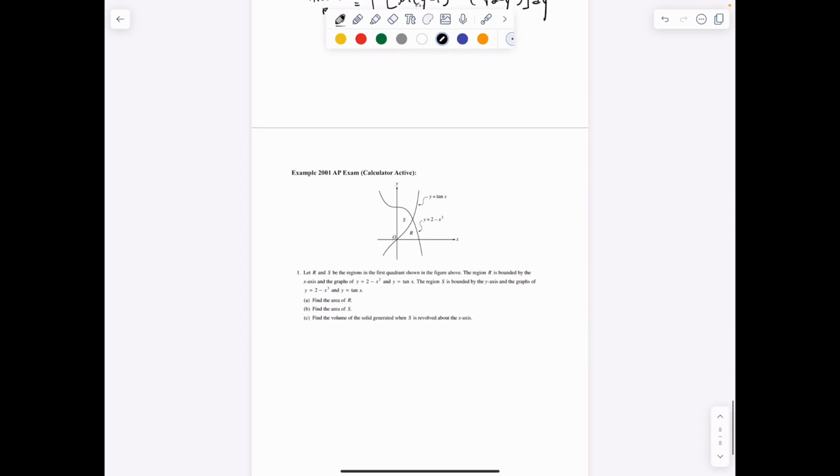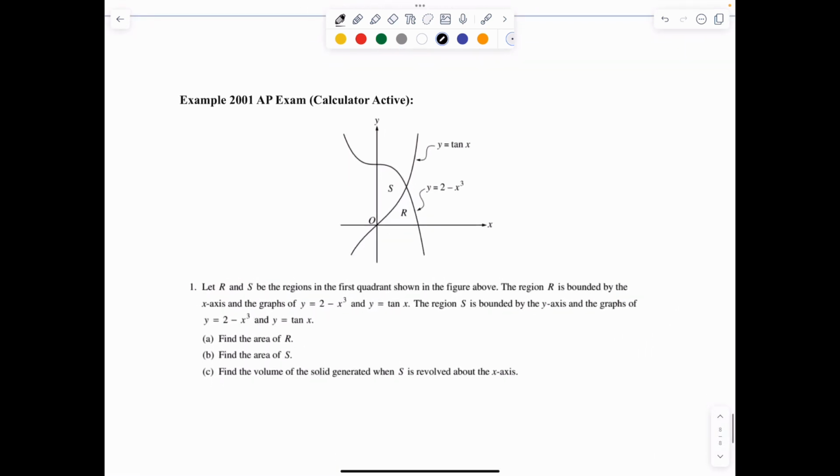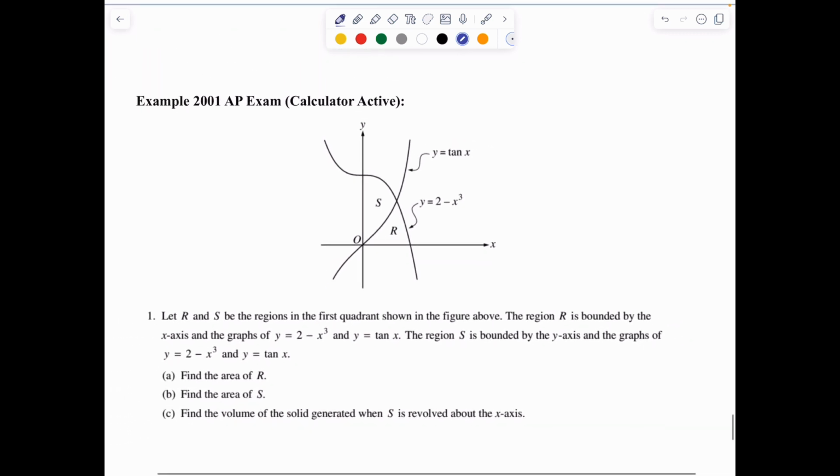Okay, and then our last example is a free response that's calculator active from the 2001 AP exam. So again, you're given a picture, calculator active though, and the regions here, R and S, are labeled. They are in the first quadrant.